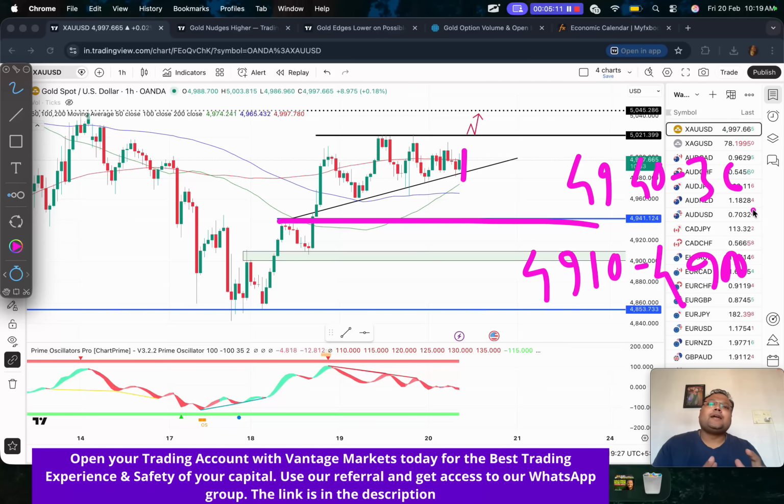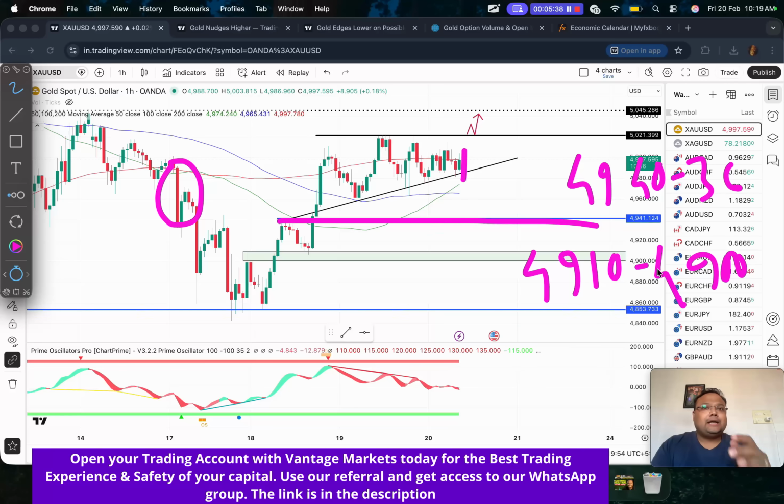It means if the market behaves normally, if you see the market is coming down but the candles are not very big, for example candles like this, then avoid buying around 4940-4936 or 4910-4900. But if you see the candles are more or less normal in size, then you can look for a buy around 4940-4936 or 4910-4900.